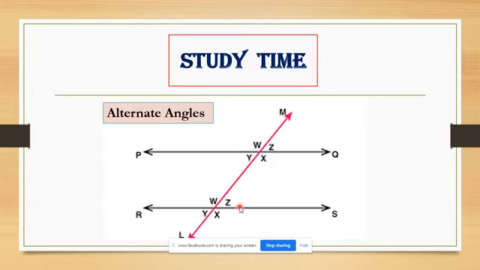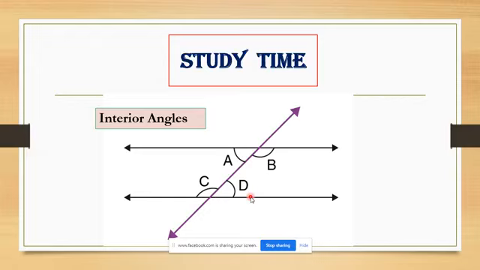So this is one pair. Now you tell another pair like this, angle Y and angle Z. If this is a pair of alternate angles, you will write in the comments another pair of alternate angles.